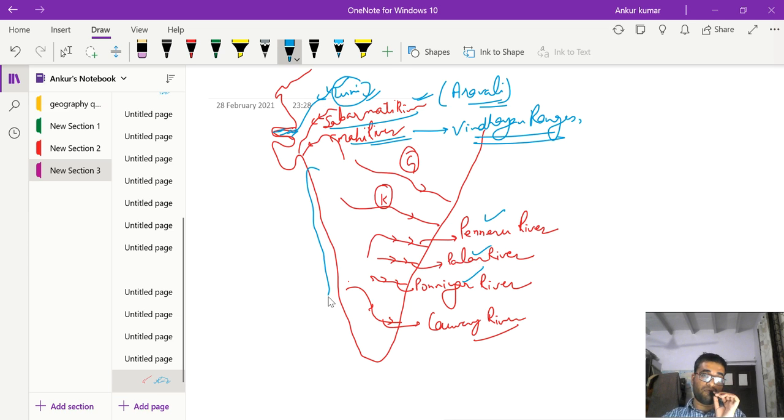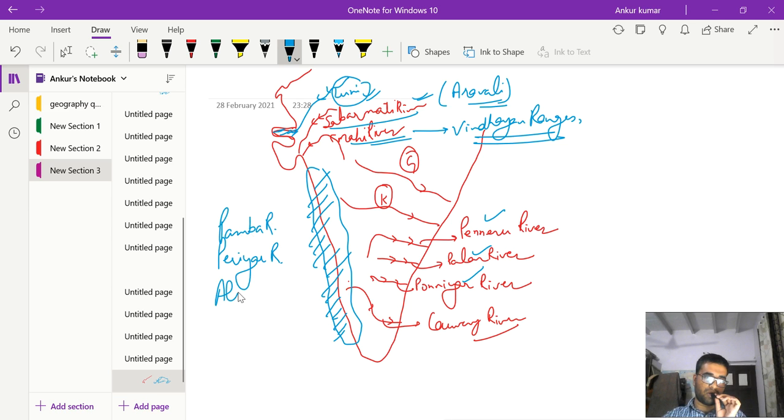Except some drainage of the Western Ghat, that is short and swift rivers of this region, right? And these rivers include Pamba River, Periyar River, and Bharat Puzha River, right?